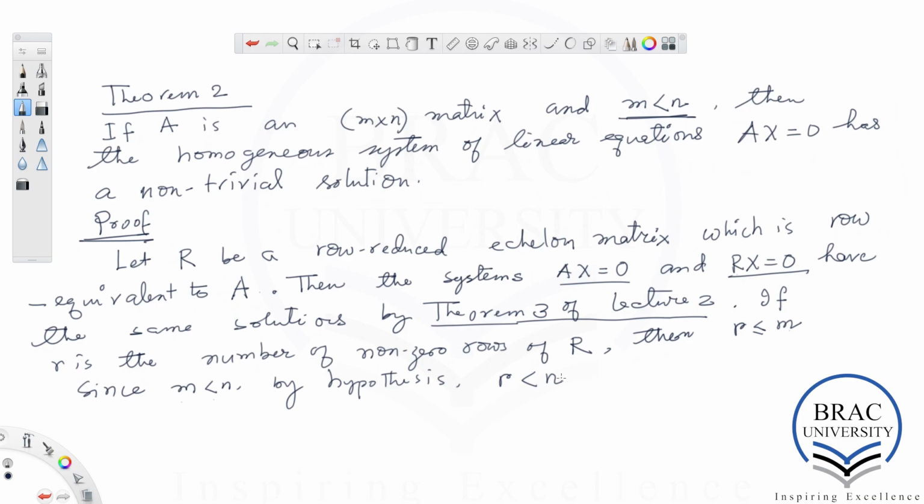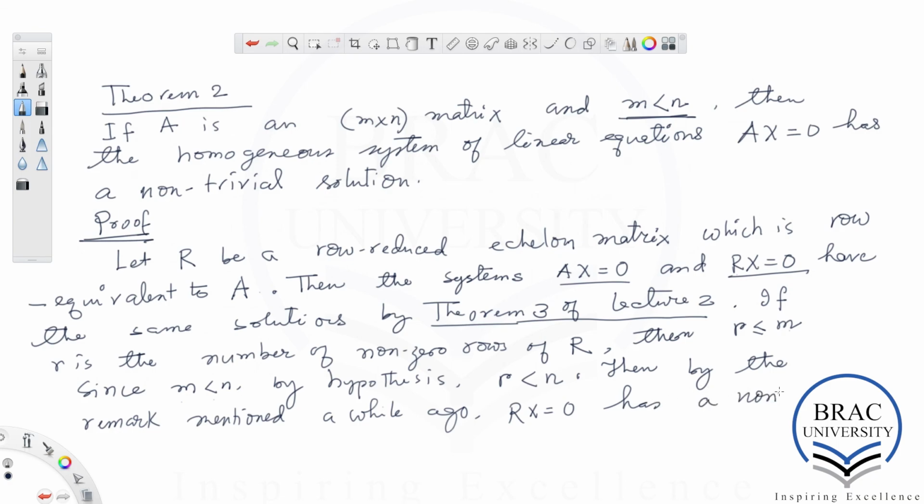Now, by the remark mentioned a while ago, Rx = 0 has a non-trivial solution.